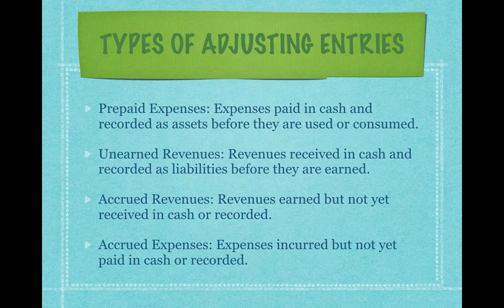Expenses paid in cash and recorded as assets before they are used or consumed, before you use the goods or the service. Okay? The second one, unearned revenues. Revenues received in cash and recorded as liabilities before they are earned.